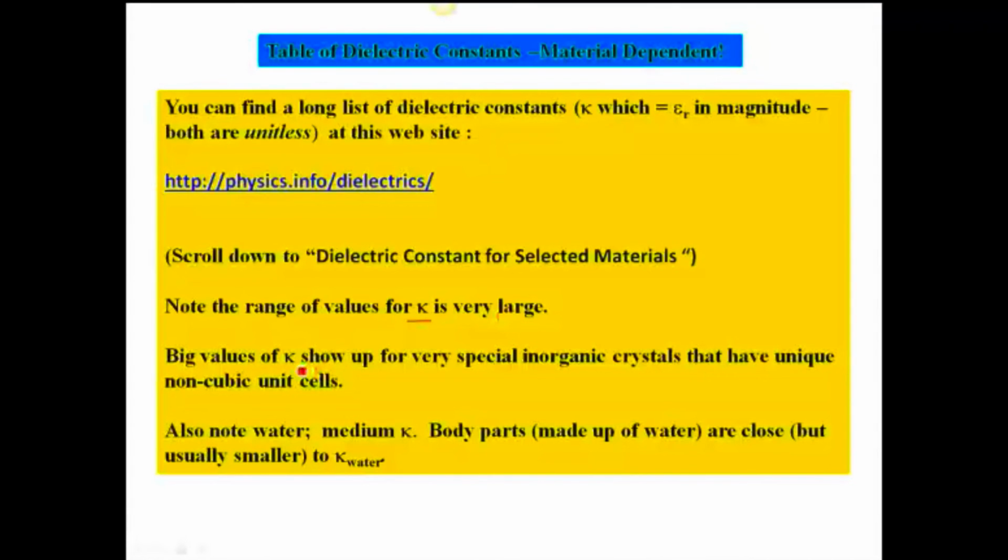Big values of kappa show up for very special inorganic crystals that have unique non-cubic unit cells. I'd also like you to look at water. It has a medium kappa. And I just point out that your body parts are made up of water and are close but usually smaller than the kappa for water. And the decrease comes about because of all the gushy things that are in your body.